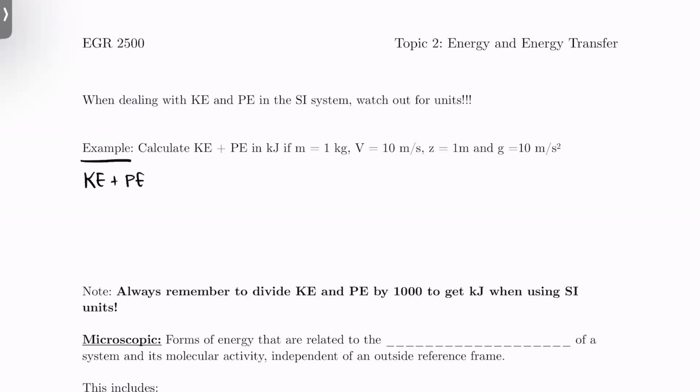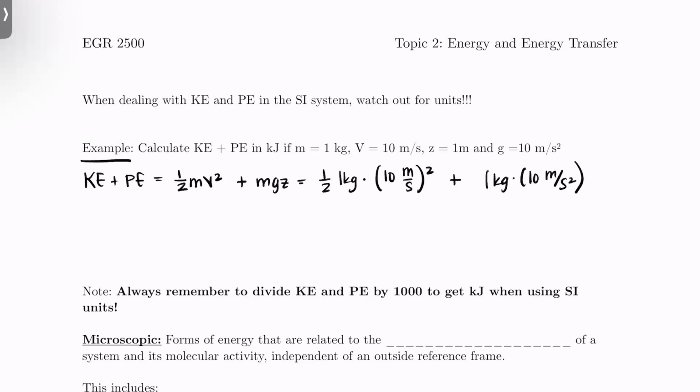Kinetic energy plus potential energy is 1/2 mv squared plus mgz. So we have 1/2 times 1 kilogram times 10 meters per second, that whole thing squared, plus 1 kilogram times 10 meters per second squared times 1 meter.